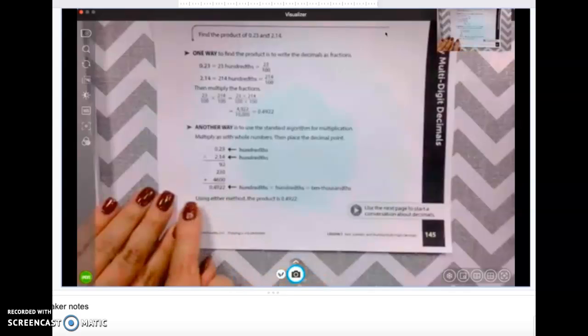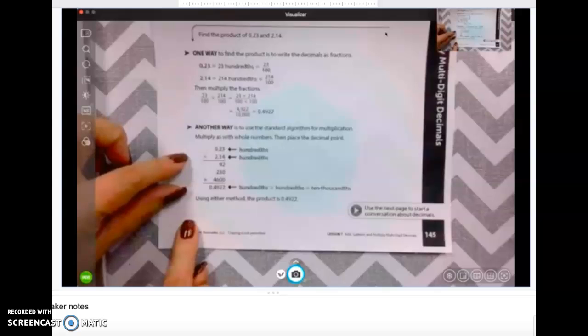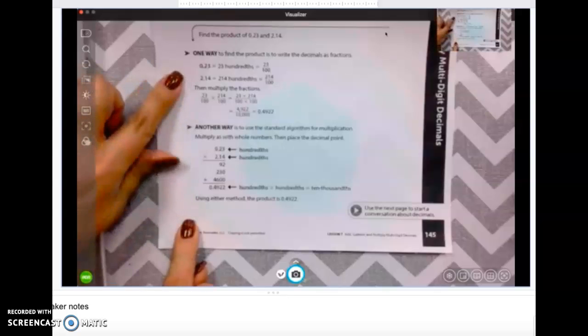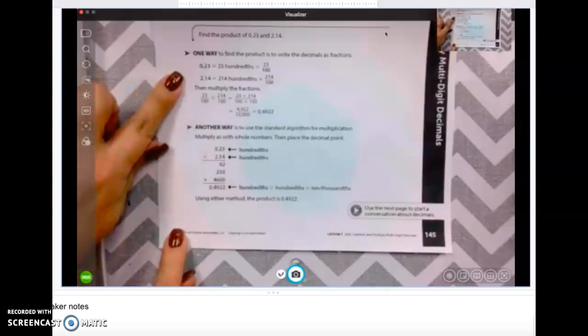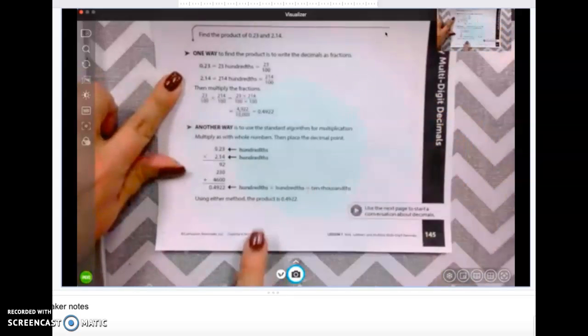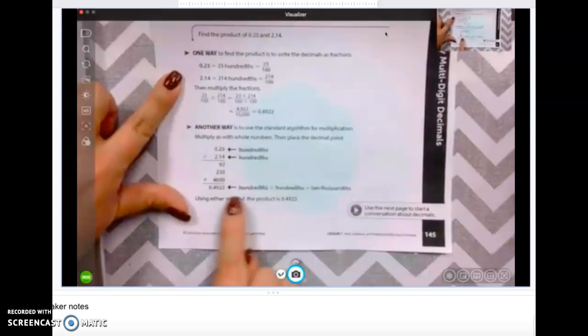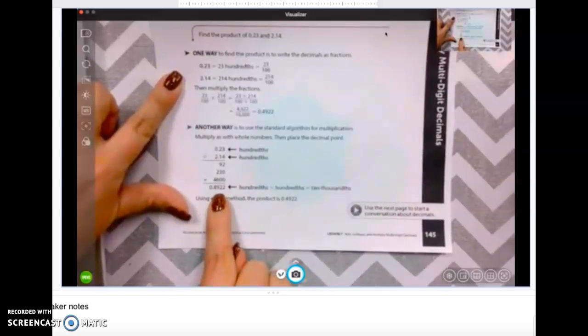This is just the method that you have probably learned in elementary school. This is another method that you can use, but if this one is more confusing to you, I would recommend going back and using the standard algorithm for multiplication. And that's how we're going to do a lot of our problems here in 6th grade.